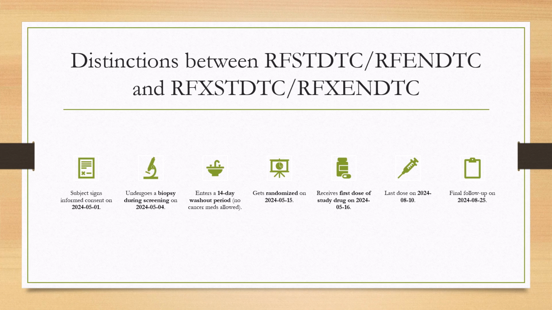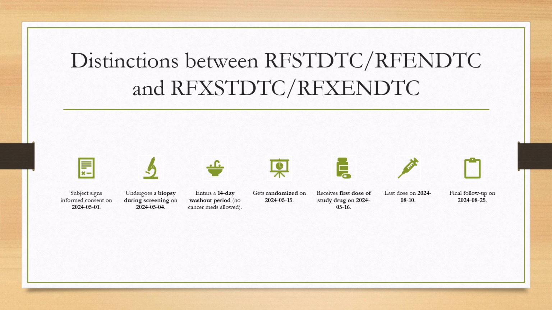Now let's understand the data which we have received so far. This subject signed the informed consent on 1st of May 2024, and underwent a biopsy during screening on 4th of May 2024.